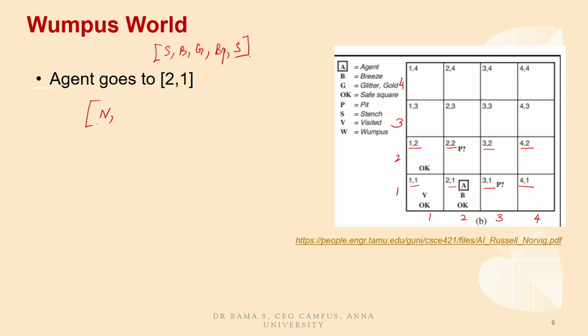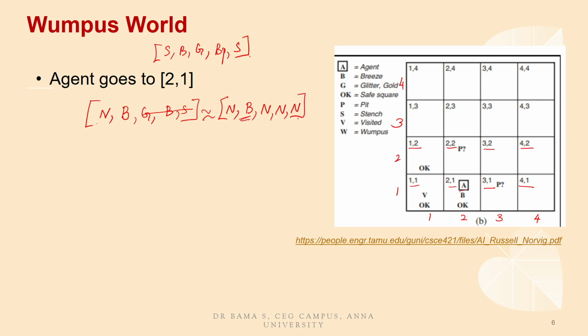At this place there is no stench, but there is breeze. This also is not there. So, this would become nothing, breeze, N and N. There is only breeze.